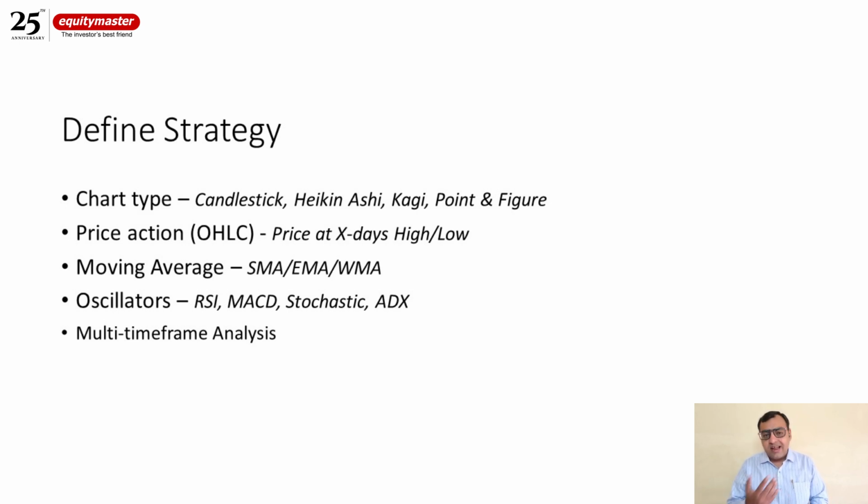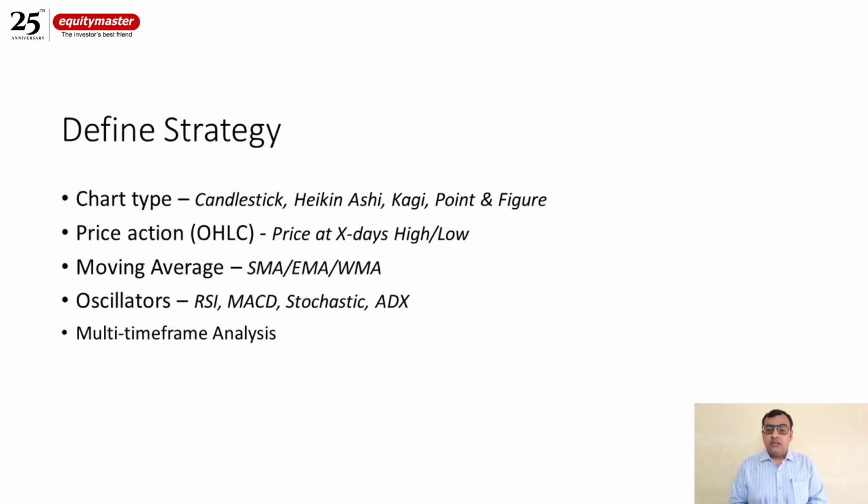So try various moving averages. It's not necessary that you have to use the uniform 50 and 200. I sometimes even use 55. If you are looking at a commodity, I sometimes use 58 as well on copper prices. So it depends on backtesting. Try to find out the backtesting which is very supportive on the daily time frame or weekly time frame, whatever you're using.